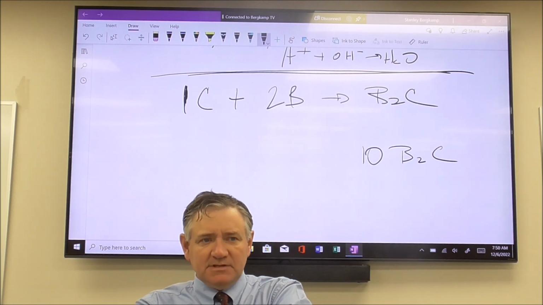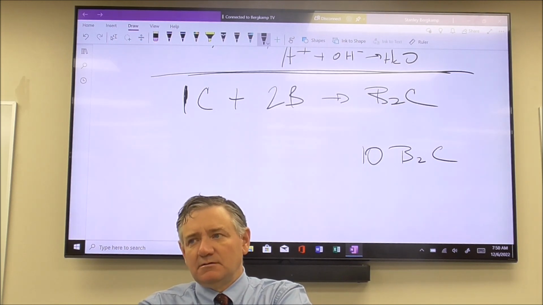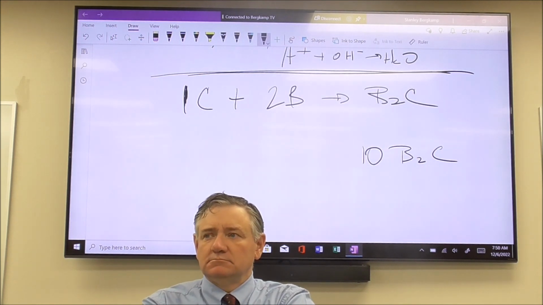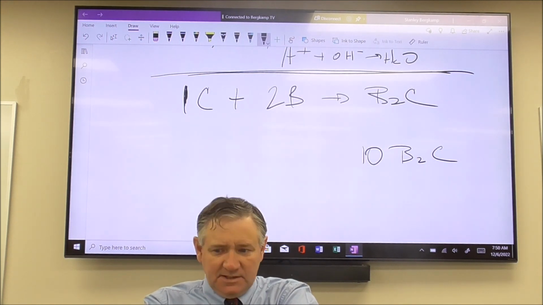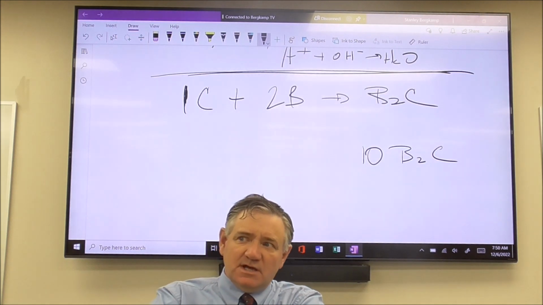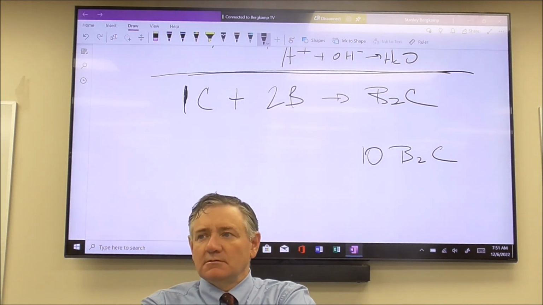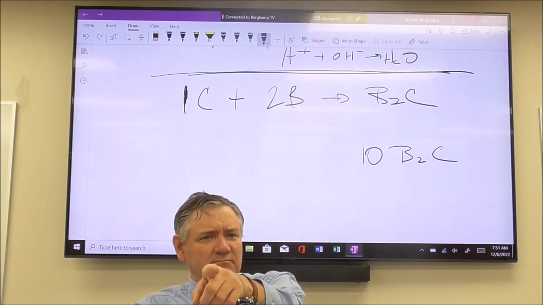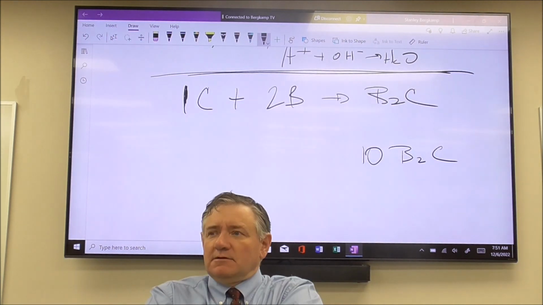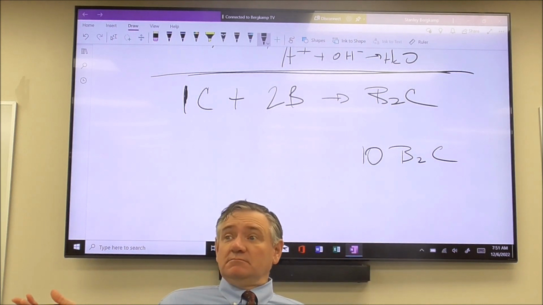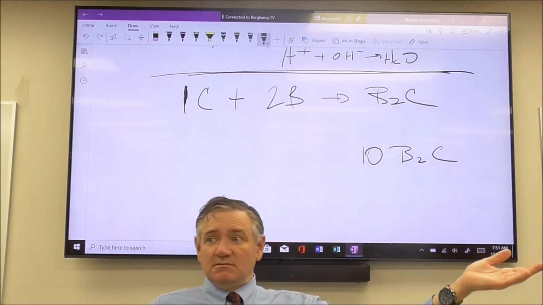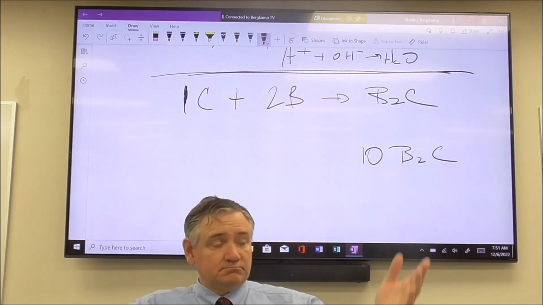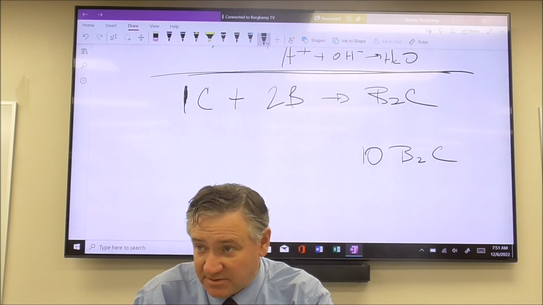How many slices of cheese are you going to need? 10. Why? Because you need 10 sandwiches, and you need 1 per sandwich. So there's a 1-to-1 ratio. For every 1 slice of cheese, that goes into making 1 sandwich. Congratulations, you just did stoichiometry.